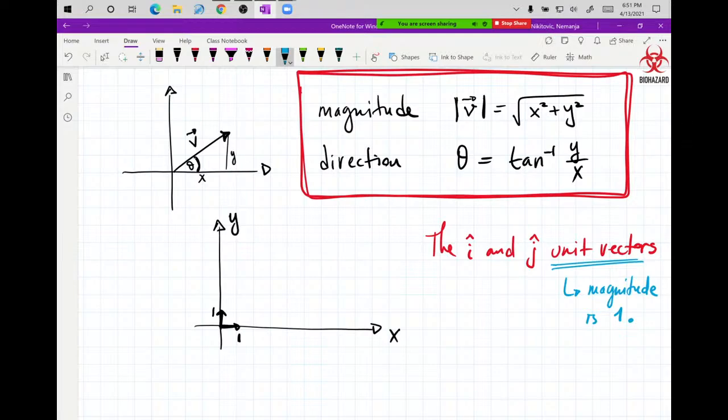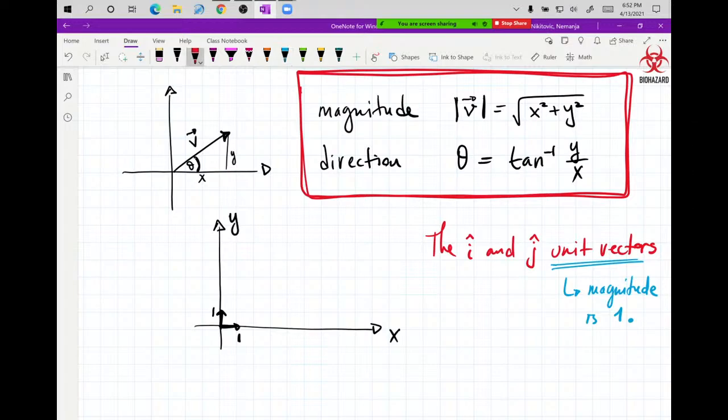And that is a very important concept, because a lot of your formulas in the future will use unit vectors. Unit vectors carry the direction, but they do not change the magnitude or strength of the force or something like that.